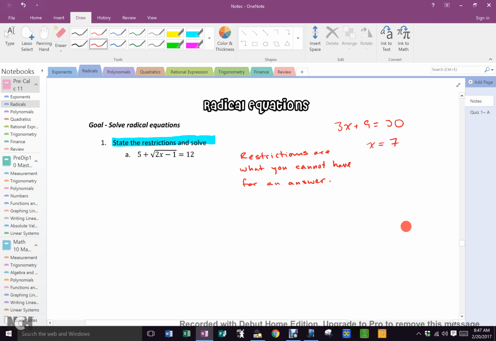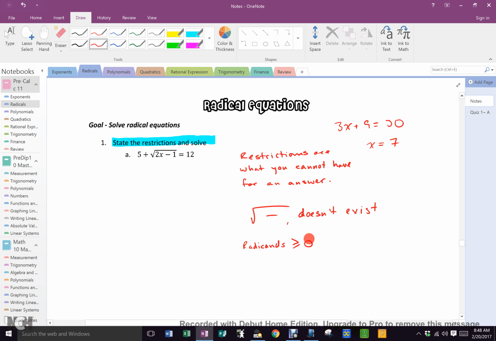X can be negative, but for radicands, the square root of a negative number doesn't exist, yes? Not in our number system, right? So to do restrictions, any radicand has to be greater than or equal to 0. So we always do our restrictions by taking any radicands. Radicands must be greater than or equal to 0.